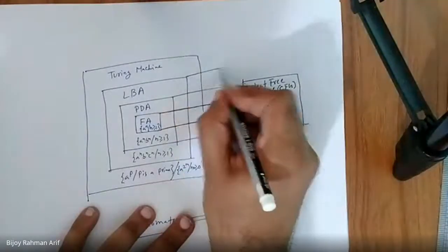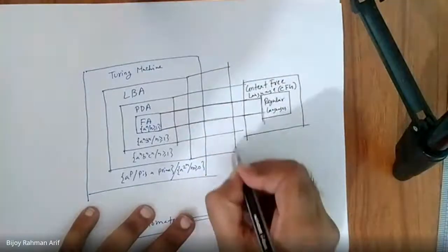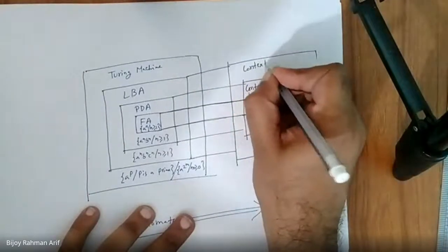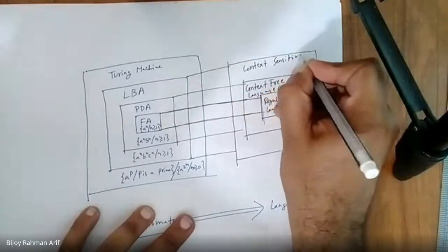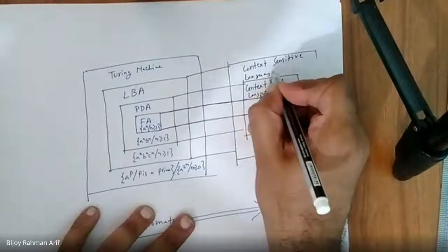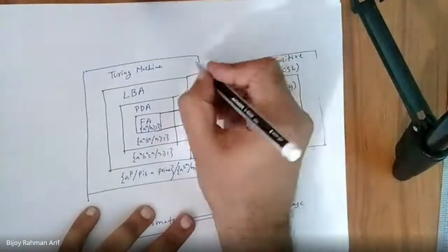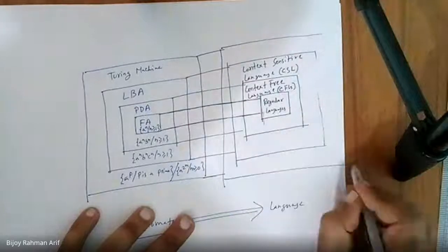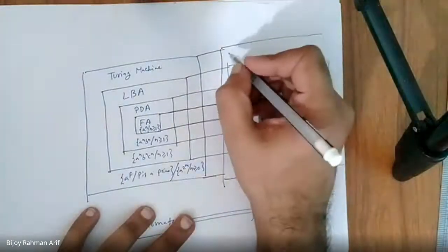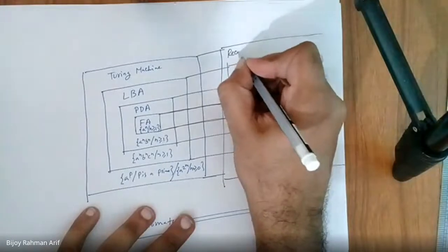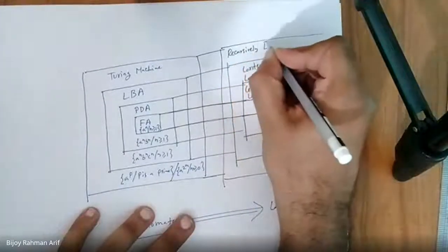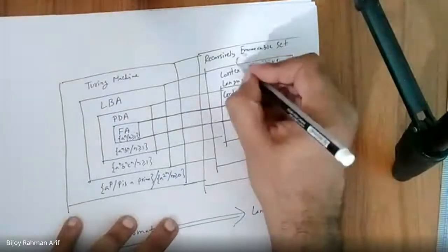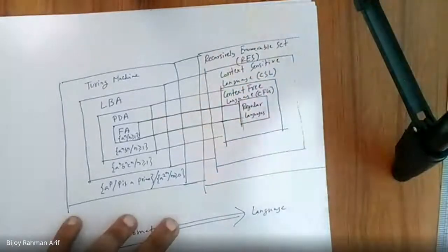Then linear bounded automata languages are called context sensitive languages, or CSL. And finally, the Turing machine accepting languages are called recursively enumerable sets, or RES. This is not bad.